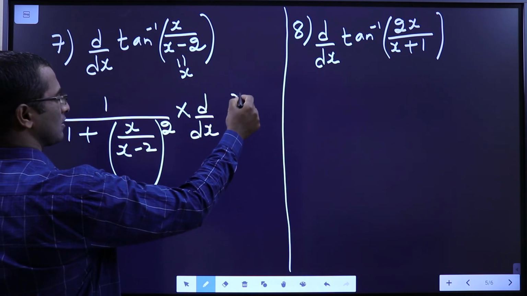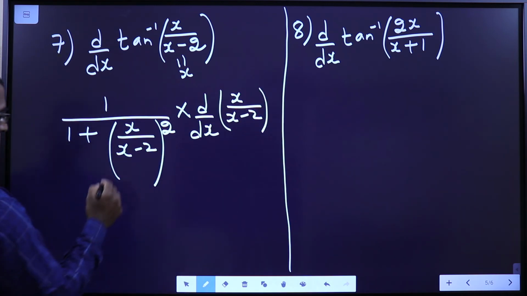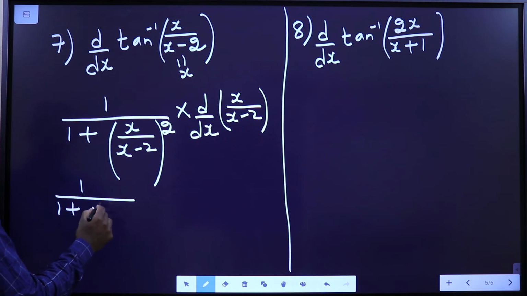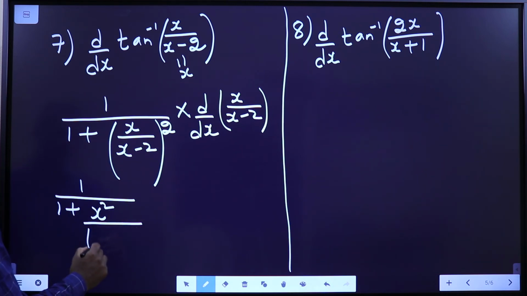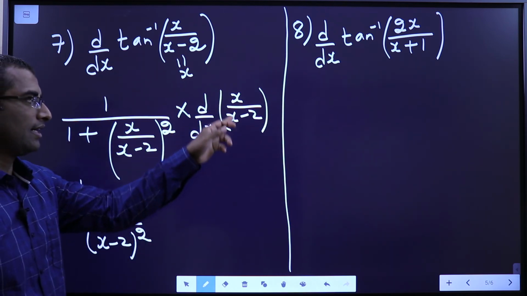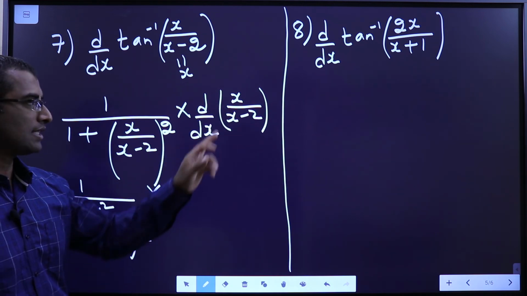So d by dx of x by x minus 2. So here this will become, apply the square to each of it, x square by x minus 2 whole square into, here remember I need to go with the u by v rule because it's a fraction.